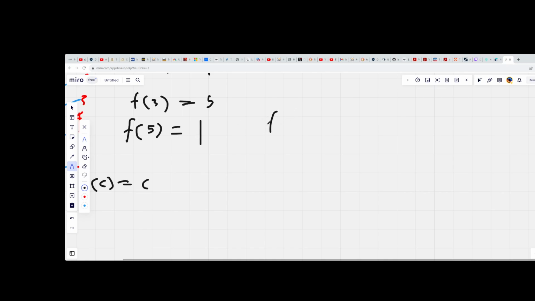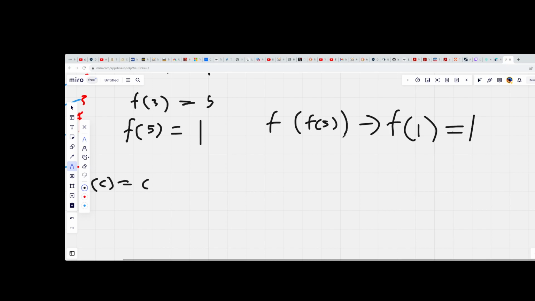Then I get f of 5, then this becomes f of 1, and then that needs to equal 1. And you can't have f of 1 being equal to 3, and say, oh, well, 3 maps to 1.